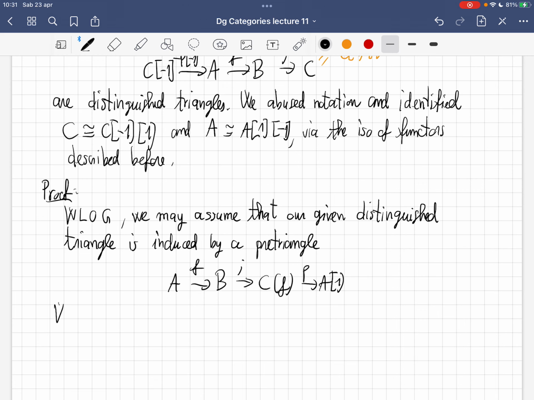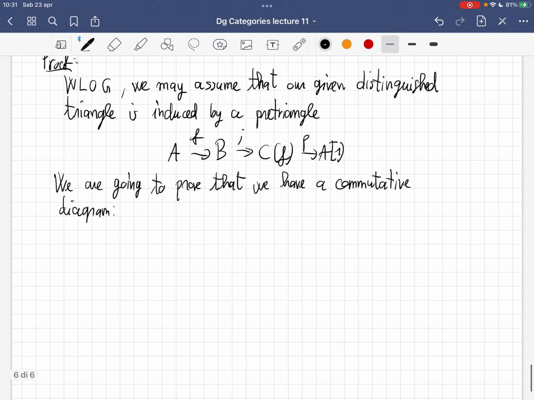And what we're going to prove is that we have a commutative diagram. Take this, and then you do the pretriangle, but on this J, which, if you remember, came from some inclusion.